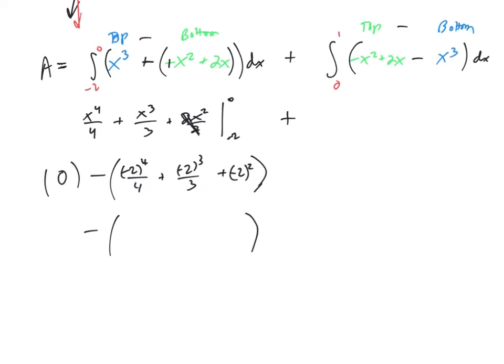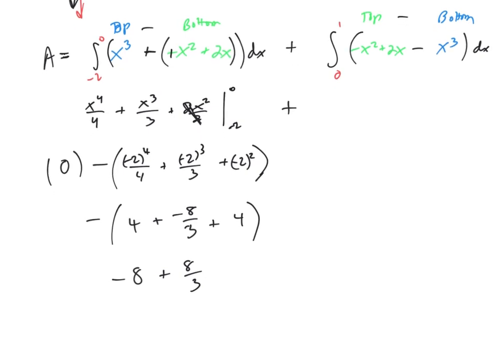I'm saying it. You're not going to write it. 16 divided by 4, I've got 4 plus negative 8/3 plus 4. Distributing my negative, 4 and 4 is 8, so I get negative 8 plus 8/3 is what I'm getting for the area of that first region.